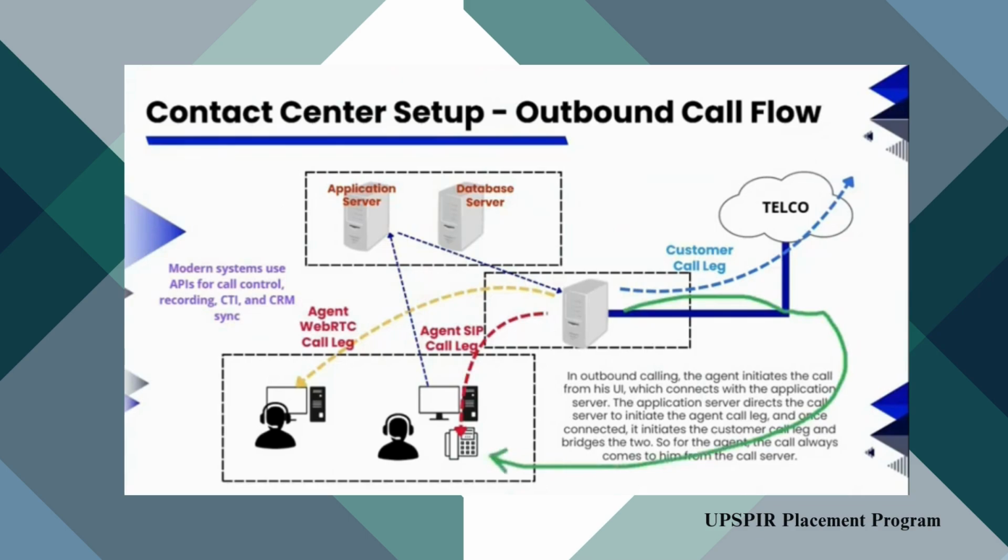The reason is that we cannot do this call directly because it bypasses the telco. So this agent desk phone that we have in our office, or even the agent's mobile phone at the office, is a separate phone, not connected to our contact center, and we will simply make a call to this particular phone. This is how the call will be made in that scenario.